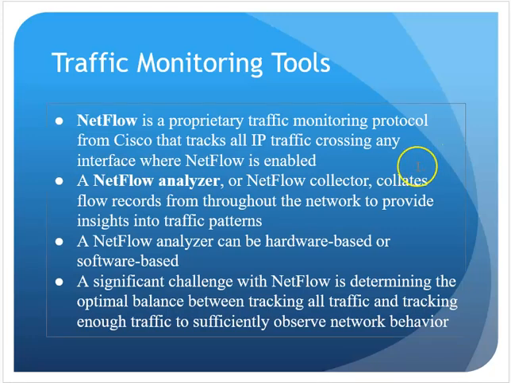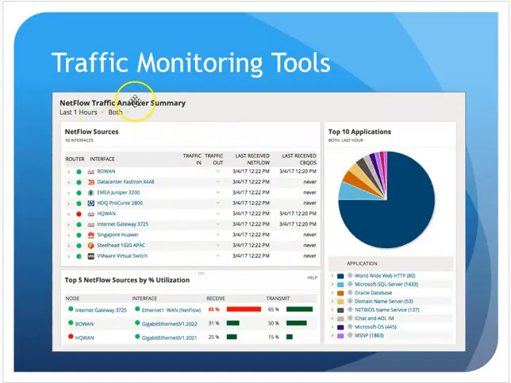There is NetFlow out there, which is Cisco proprietary. NetFlow is a proprietary traffic monitoring protocol from Cisco that you might run into depending on where you work. This starts showing you a breakdown of sources of traffic and that sort of thing, and even the top applications. This can give you a view of what's happening in your network as well. So there's even some proprietary stuff out there.